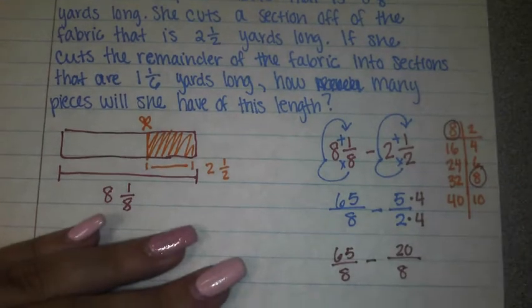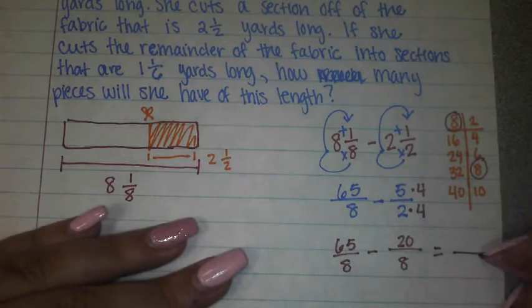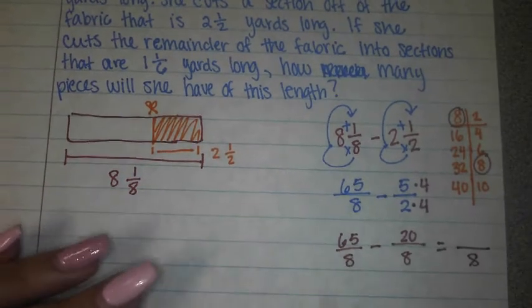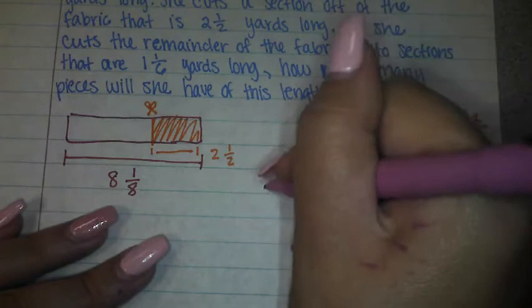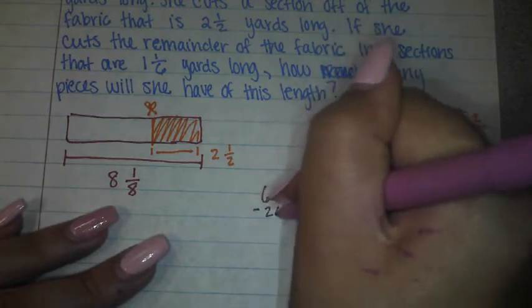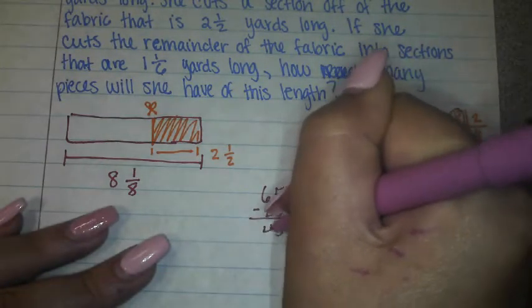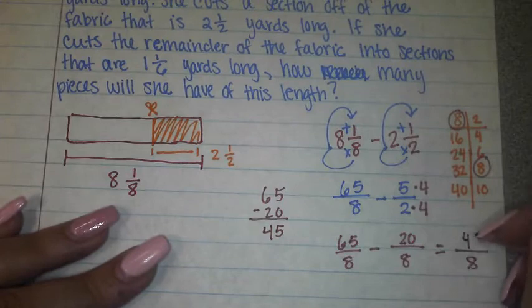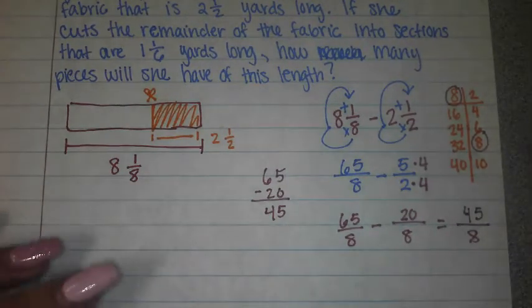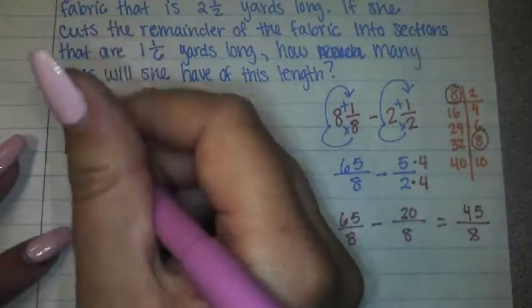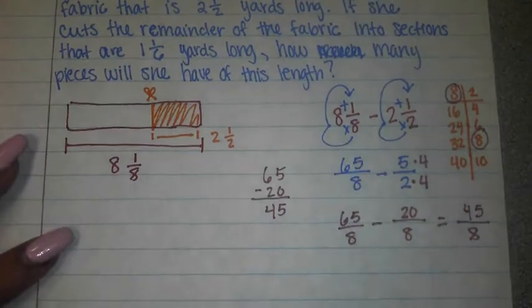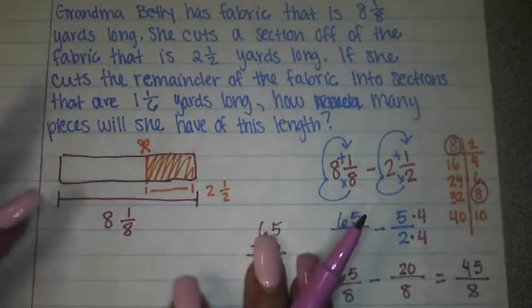So I'm going to subtract my numerators, but leave my denominators the same. So I need to do 65 minus 20. So I got 45/8. That's how much is left over here. So what I'm going to do next is I'm going to look at my other piece of work.